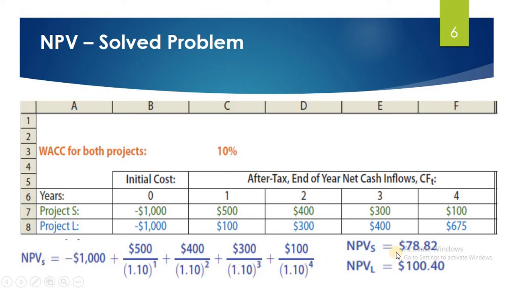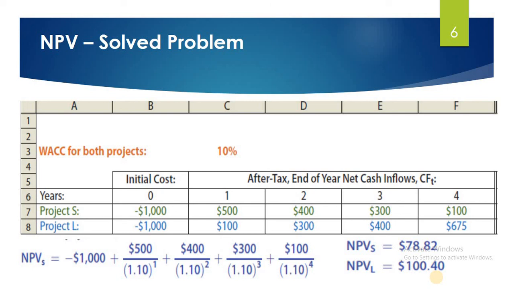NPV of this project is $78.80, and NPV of project L is $100.40. So if projects are independent, we can accept both projects because NPV of both projects are positive.